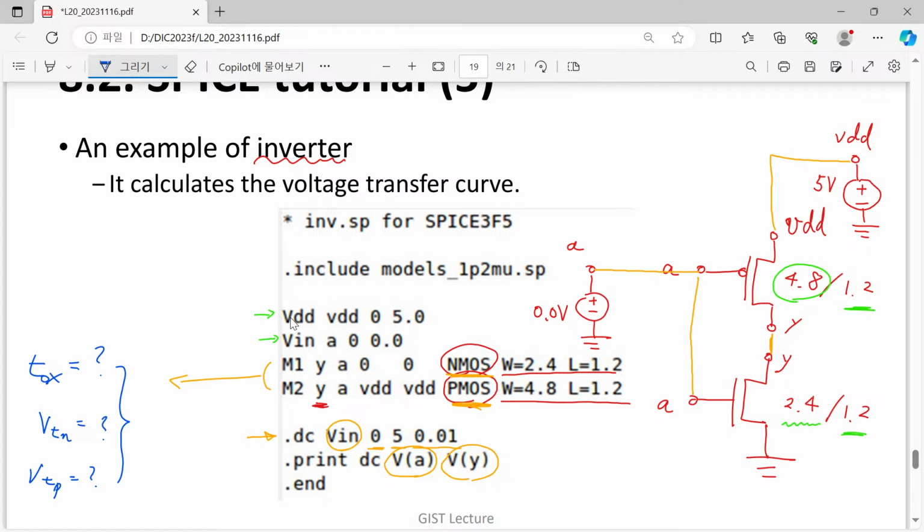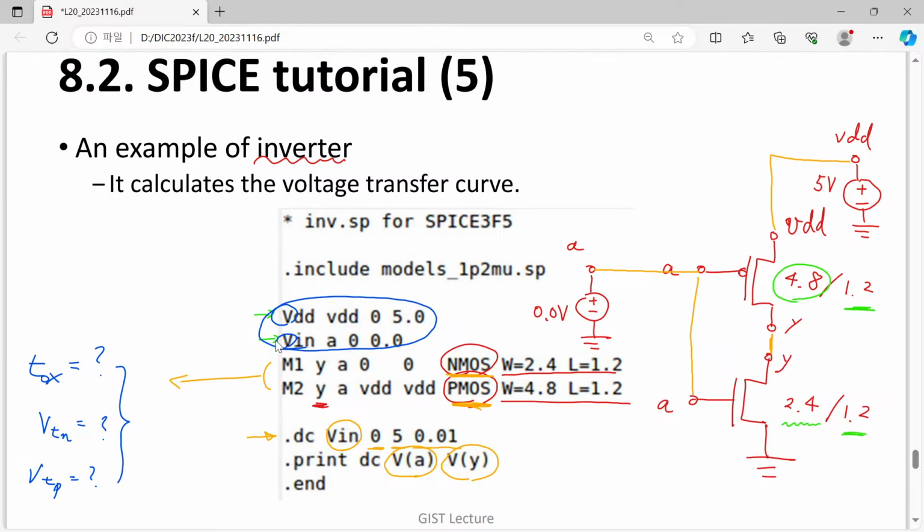In the case of a voltage source, it is perfectly self-contained. You don't need any further specification for your ideal voltage sources. However, for your MOSFET, just saying W and L is not sufficient.